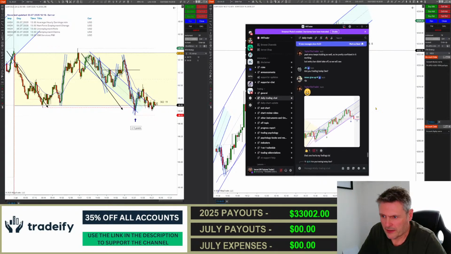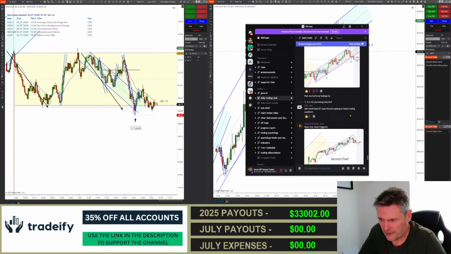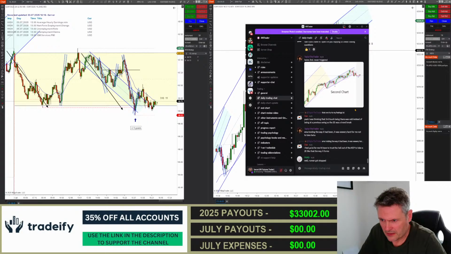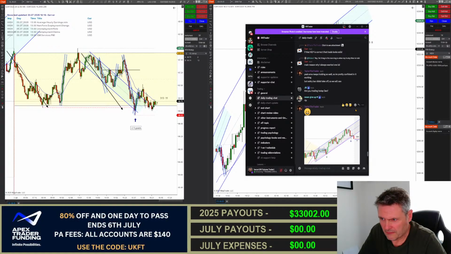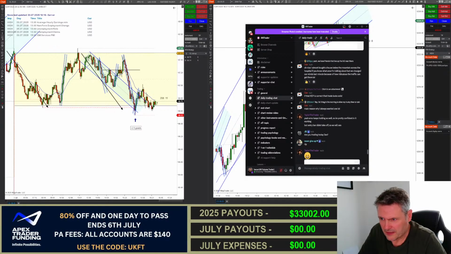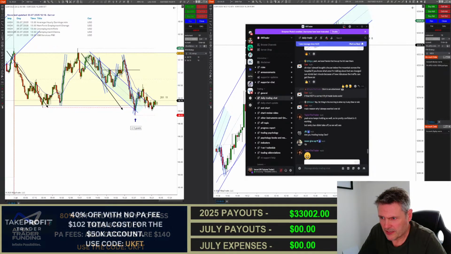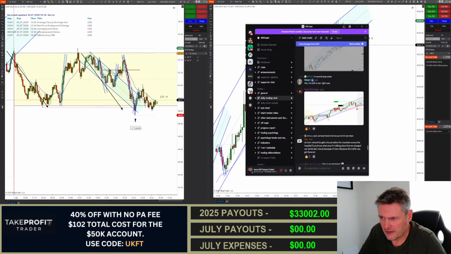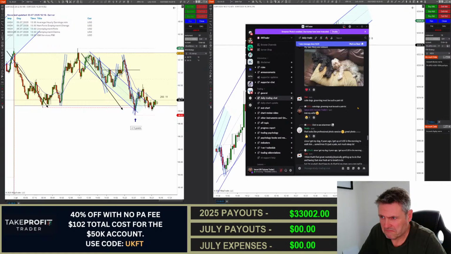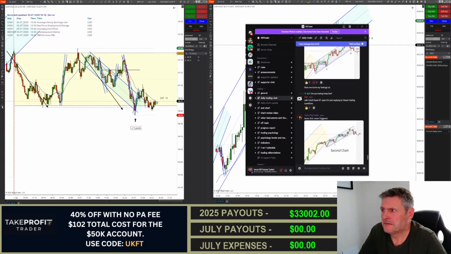Well, I'm looking on here. Taylor took it. Quite a few people took it. Even Dan said, if the key entry point is correct, the trade looks solid. I don't know.